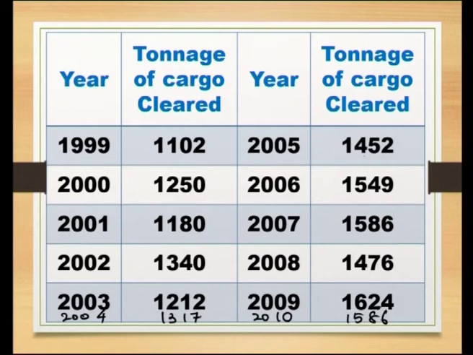Next, for 2005, 1452; 2006, 1549; 2007, 1586; 2008, 1476; then for 2009, 1624; and then for 2010, it is 1586. Let us see how 4-yearly centered moving averages are calculated. Calculation of 4-yearly moving averages.